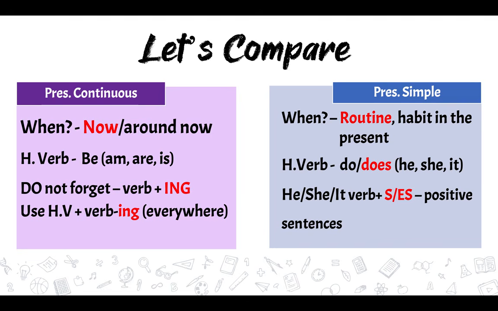Instead, for the present continuous, you just add to the verb the ing everywhere, like it says there. Use the helping verb plus the verb ing everywhere. So positive, interrogative, and negative. Well, I hope it's clear. If you have questions, you ask me under the video.